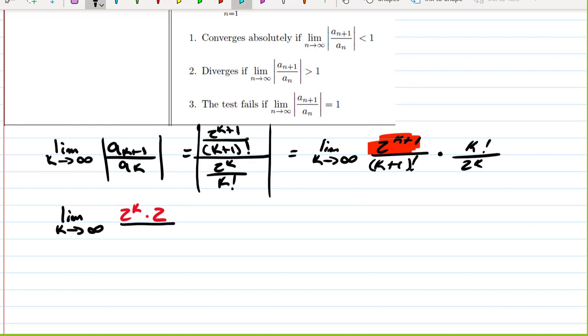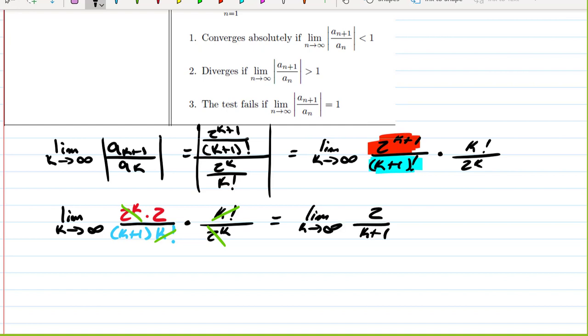And then same thing, we can expand our factorial and write this as (k+1) times k factorial using our definition, times k factorial over 2^k. So then our k factorials reduce out and our 2^k's reduce out, and we're just left with the limit as k goes to infinity of 2 over (k+1).